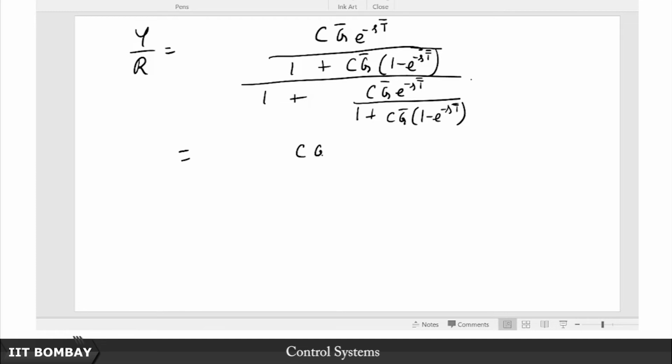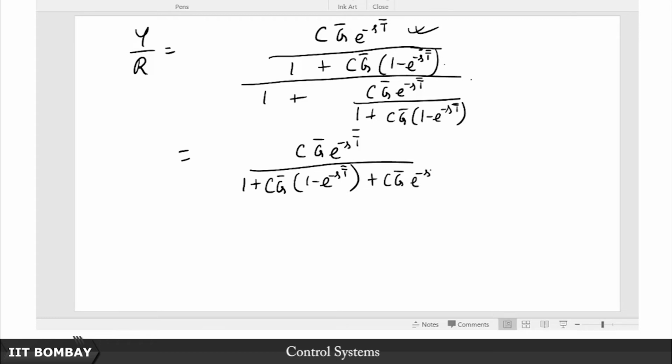Therefore we have C G bar e to the minus sT bar, that is going to remain on the numerator. Remember, this denominator is going to cancel out because it is common, and what you will then be left with is 1 plus C G bar 1 minus e to the minus sT bar plus C G bar e to the minus sT bar.